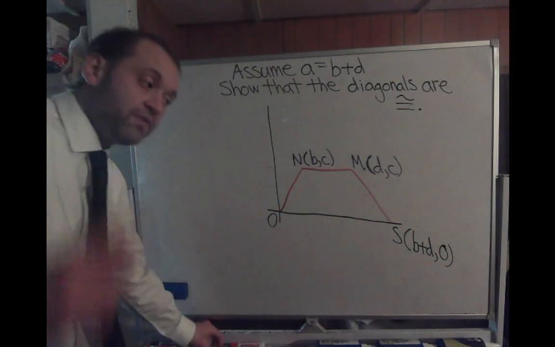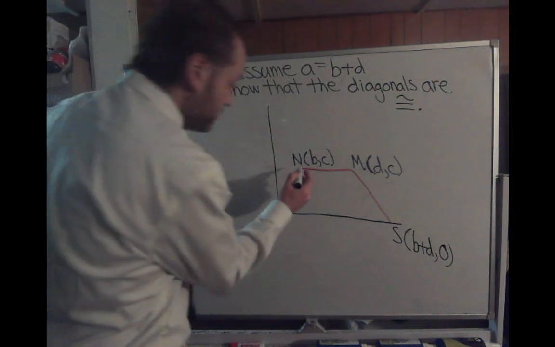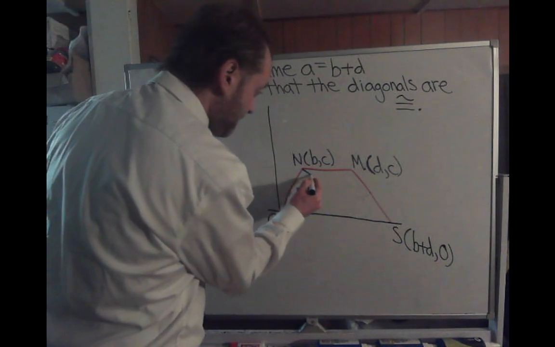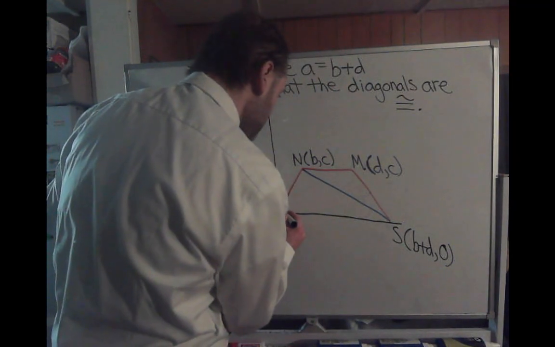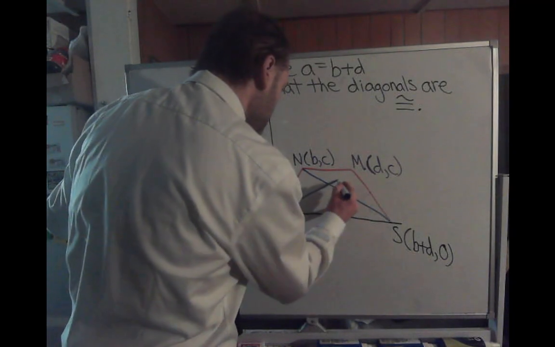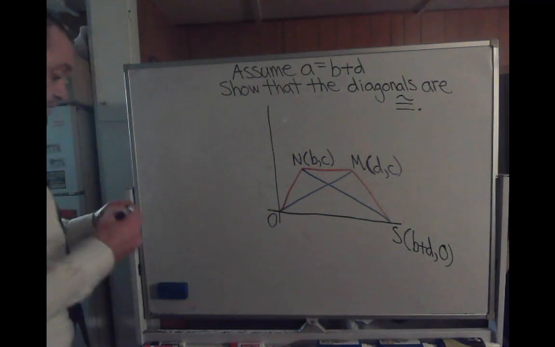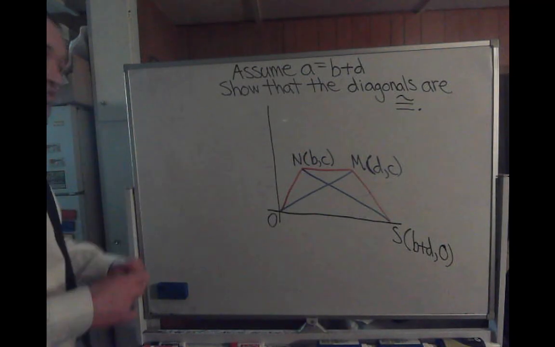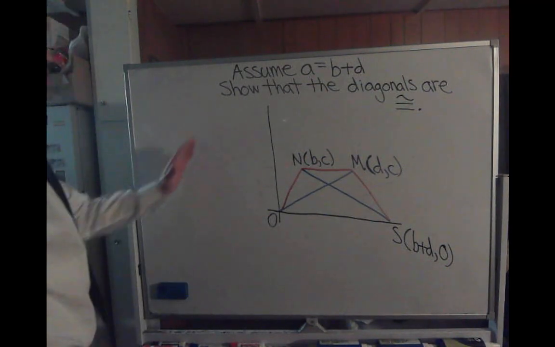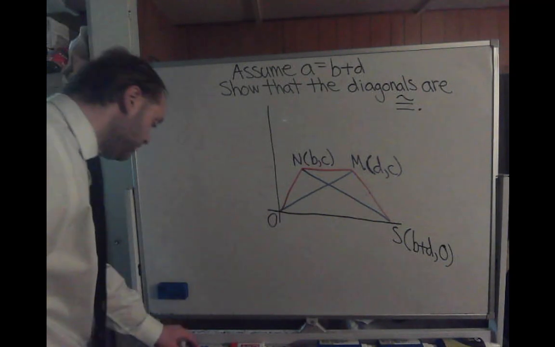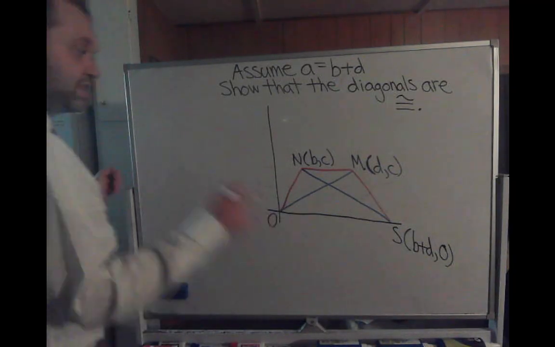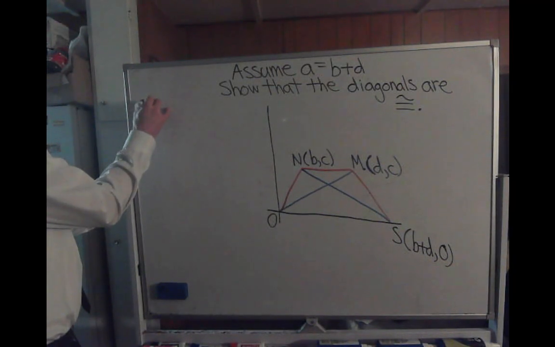So do yourself a favor, draw your two diagonals. So let's draw the two diagonals of the trapezoid. We want to show that these diagonals are congruent. So let's find OM first. Let's find the length of diagonal OM.